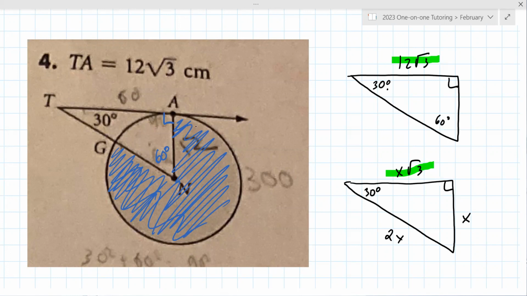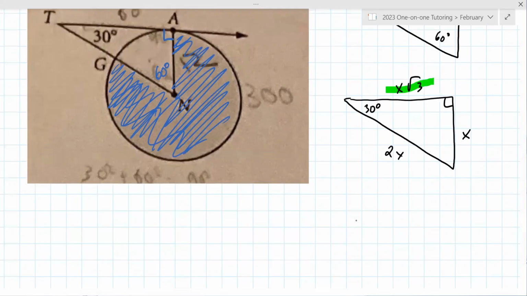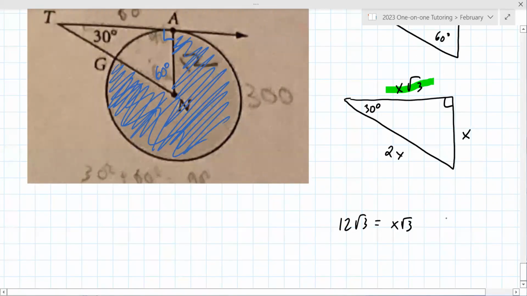So in order to find x for A to N, you have to set the known side, 12 root 3, equal to the reference side. So we're going to write an equation: 12 root 3 equals x root 3, and you solve for x. Would that just be 12?